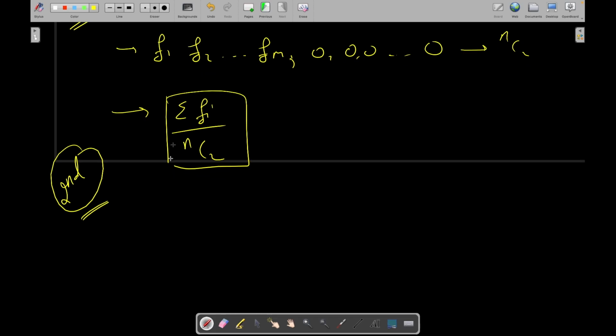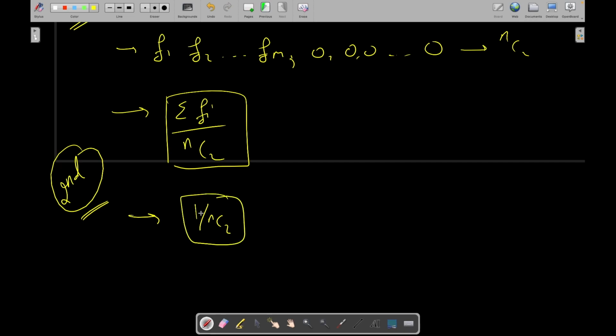What is the probability that f1 will increase, and by how much? I think this is a bit complex to explain. Let's say the probability that f is selected is 1 upon NC2, right?